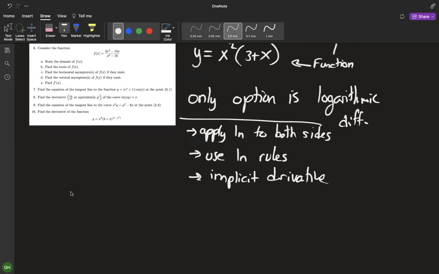So if I apply natural log to both sides, I'm going to get ln of y equals ln of x squared (3 plus x) to the 1 minus x squared.